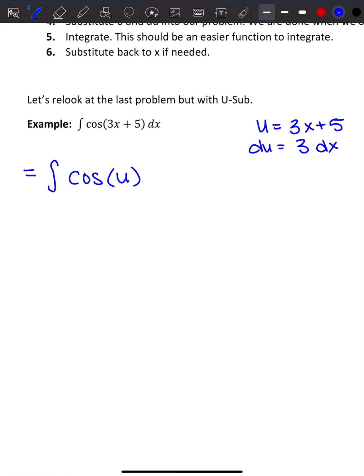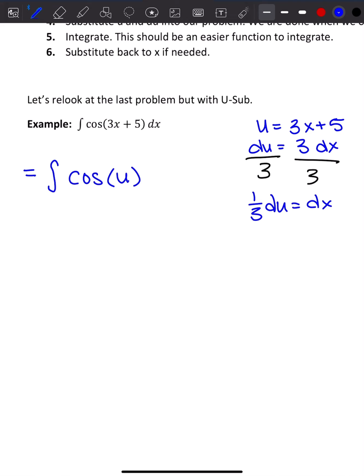So we're going to move this around so that dx is by itself. We're going to divide both sides by 3. I do not like the way du over 3 looks, so I'm going to change it to 1/3 du. So we have 1/3 du equals dx.